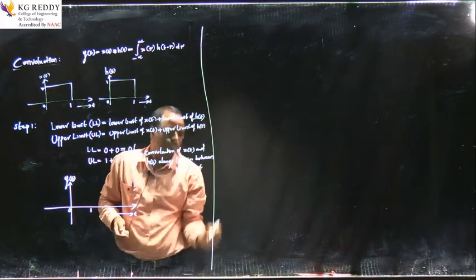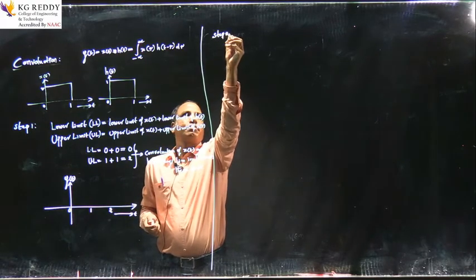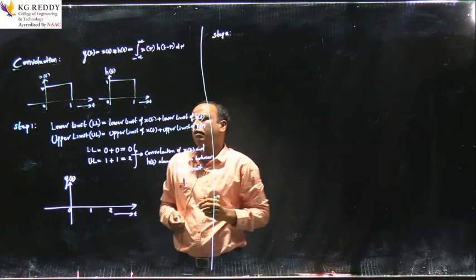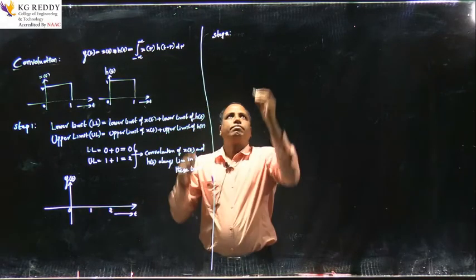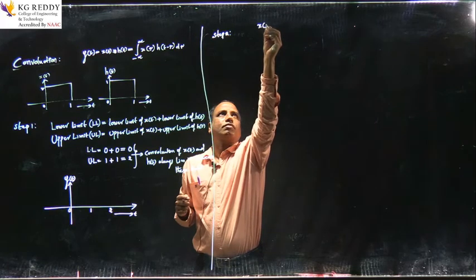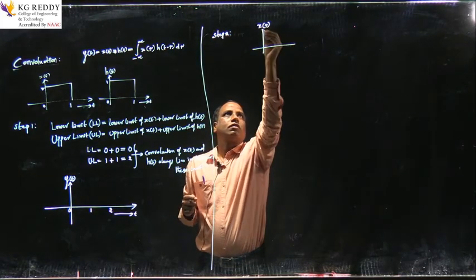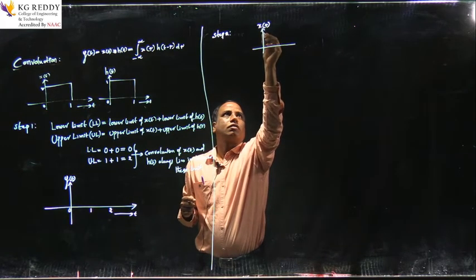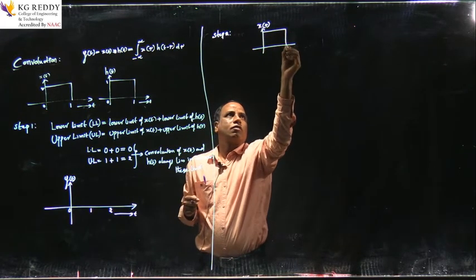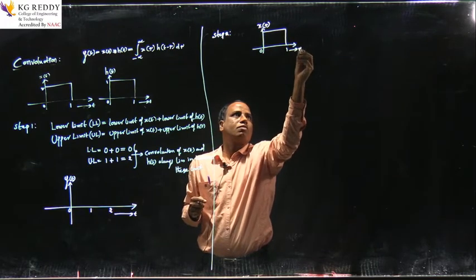Step 2 says, I am just changing the variables. Let us consider x of tau: 0 and this is 1, this is tau.